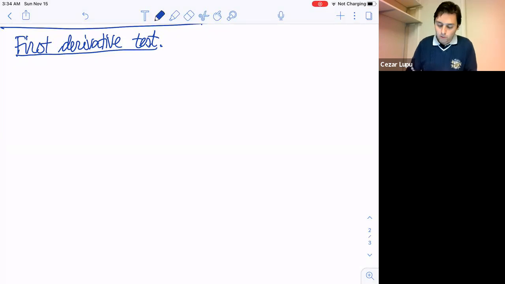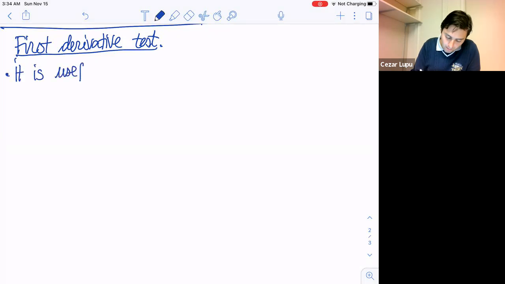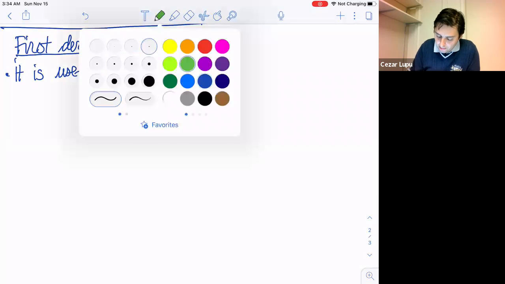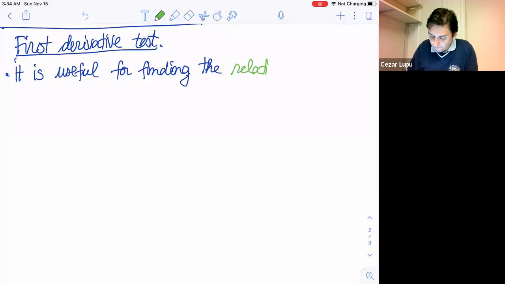Well, basically this will relate. So why is this so important? Because it will allow us to find a relative, so it is useful for finding the relative minimum and relative maximum.